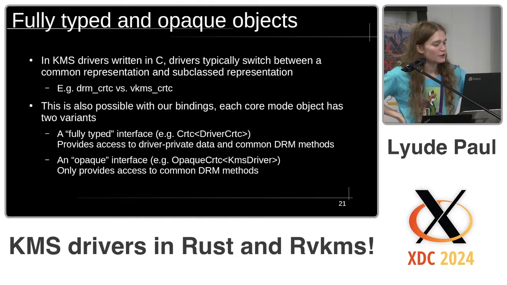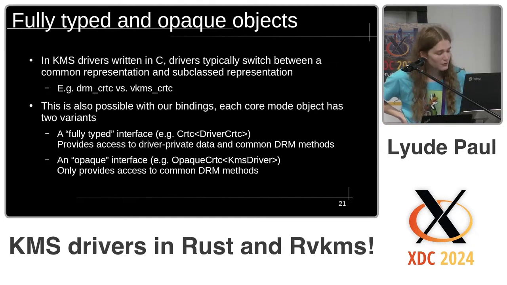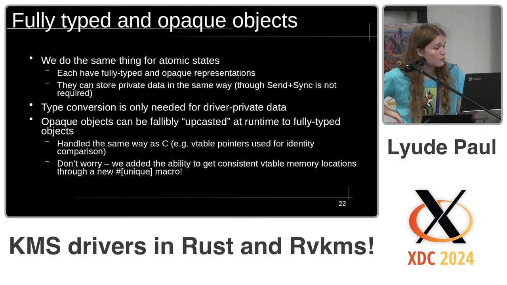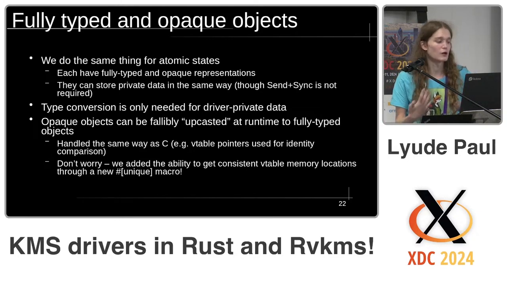In order to handle this, we have two different types of interfaces, a fully typed interface and an opaque interface. And we do the same thing for atomic states as well. And the idea is that you can sort of switch between these two types at runtime.